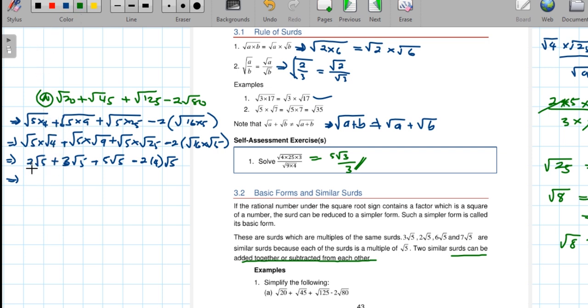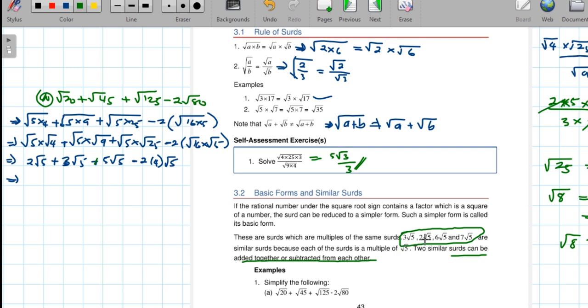So this is 2, 3, 5, right? So you are going to add this. This is what the statement is saying: two similar surds can be added together or subtracted from each other. I was trying to point out that these are similar surds. They are multiples of root 5, and that is what makes them similar surds.